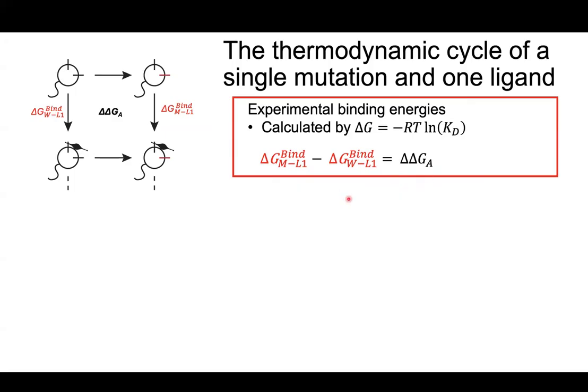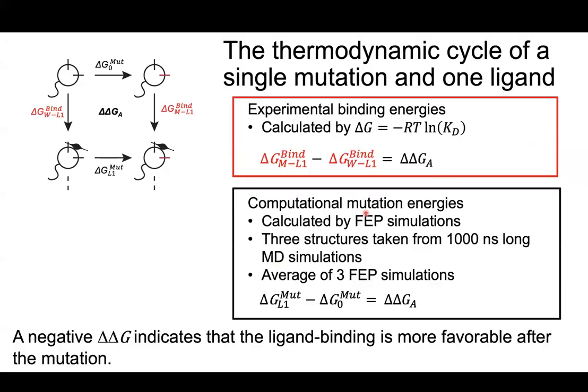So by assessing the sign of the energies, and the magnitude is also important. As I told you, 1 kcal per mole is insignificant within the error bars. However, changes of a few kcal per mole, 3 or more, might be more significant in this sense.